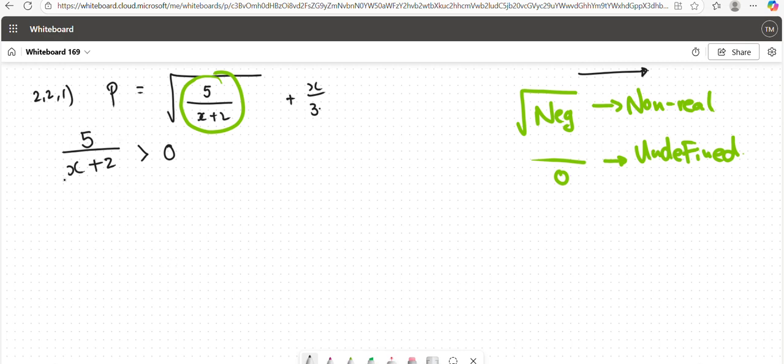And if you solve this, how do you solve that? Do you multiply that side by 0? No, you can't do that. Okay, do you flip? Let me just check. How do you solve that again?